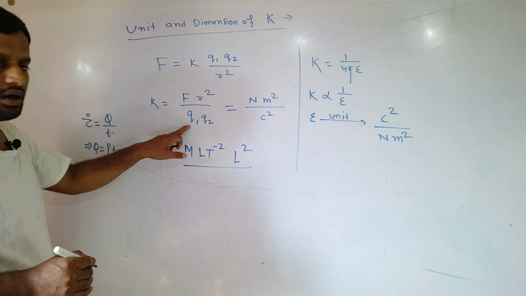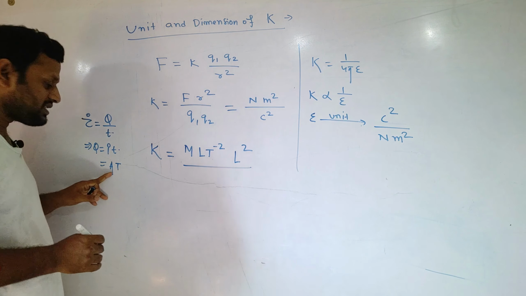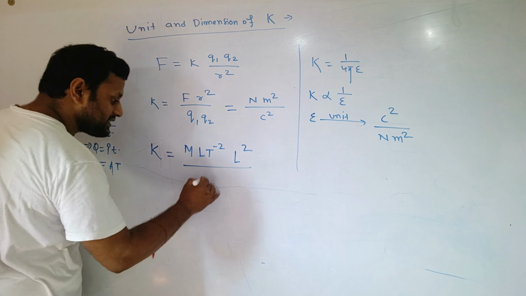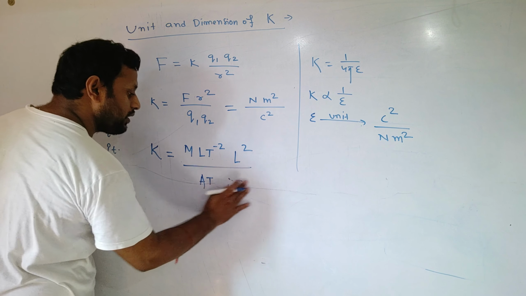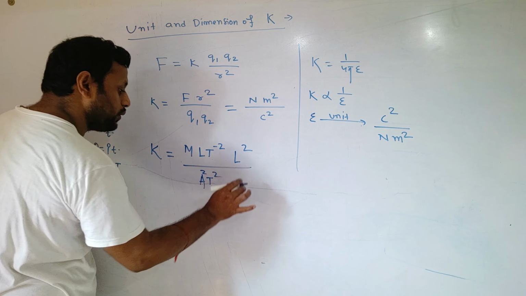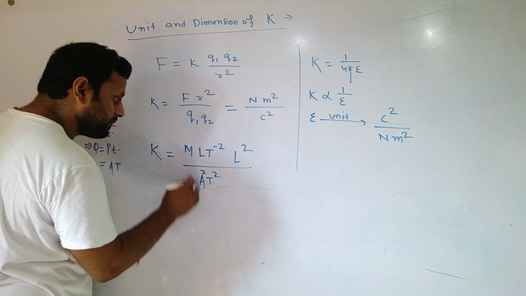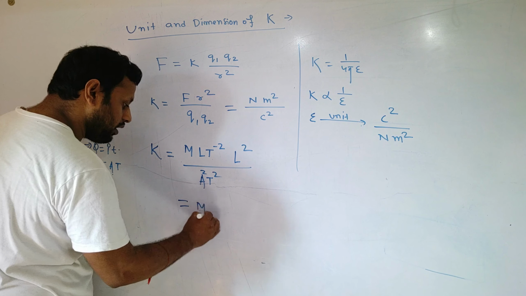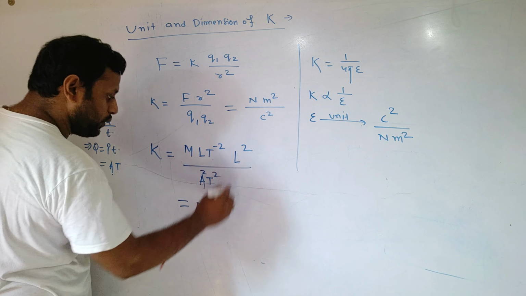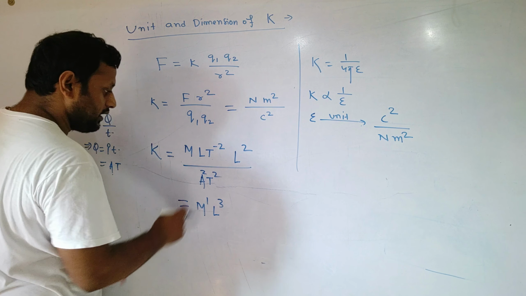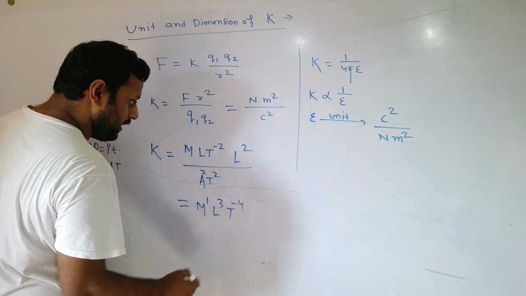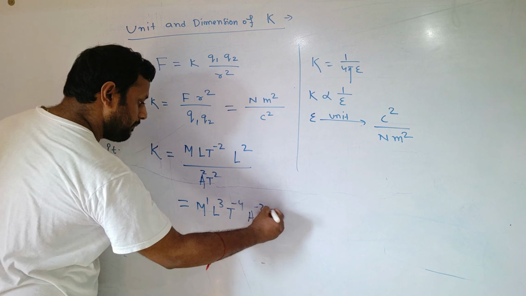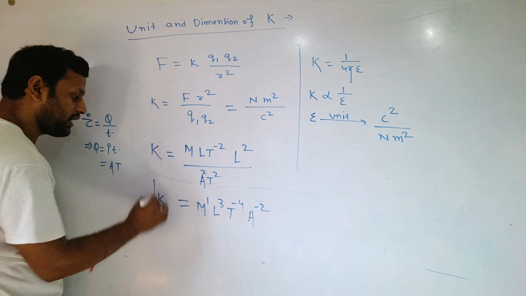So the dimension of Q will be ampere into time, that is AT, so AT squared, A2T2. So I will solve it. It will be M L3 T minus 4 A minus 2, that is the dimension of K.